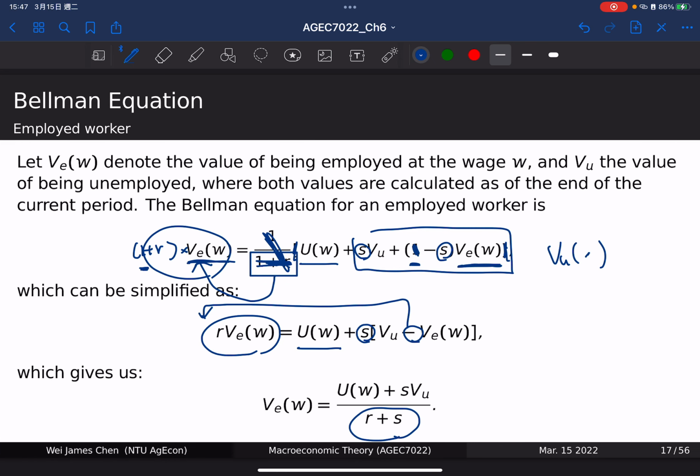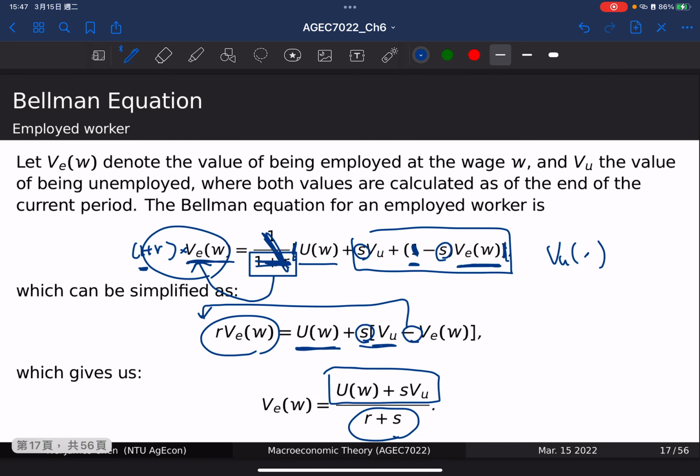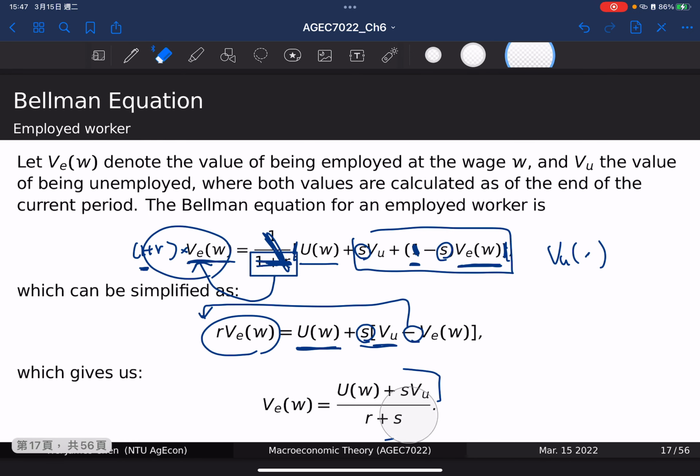What I'm left with is U of W plus S times VU. Get it? Okay, keep this in mind. This is a really important equation I'm going to use later on. So at least I know VE of W is a function of U of W plus S times VU divided by R plus S.